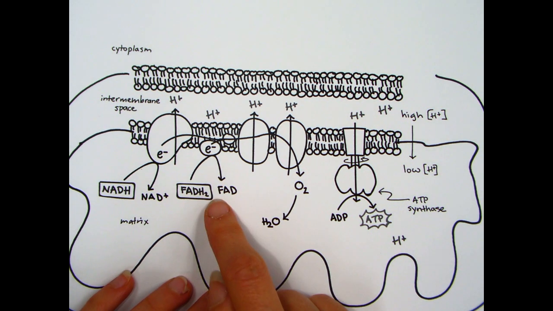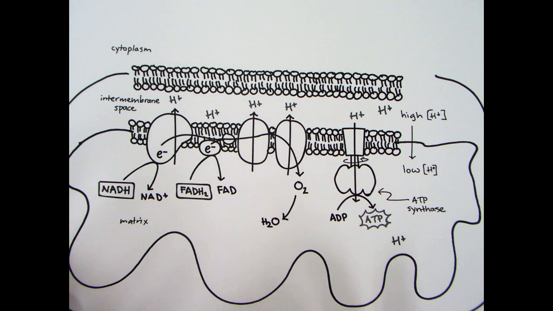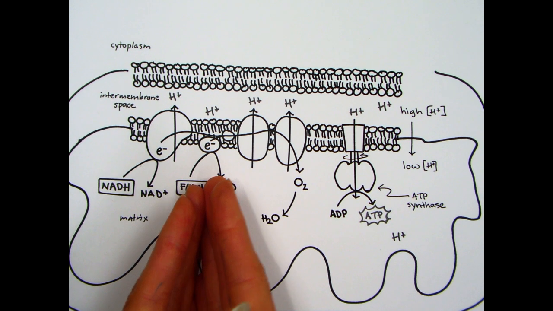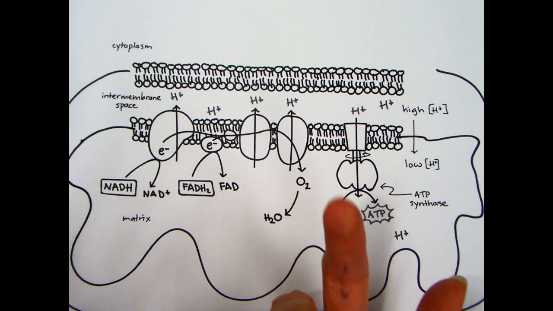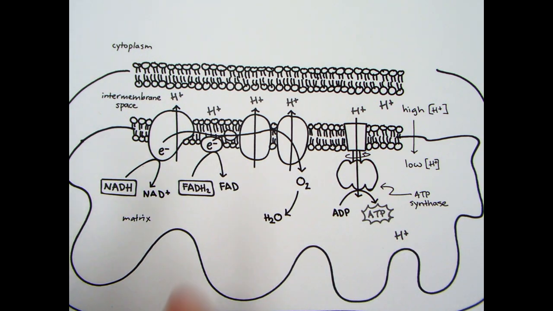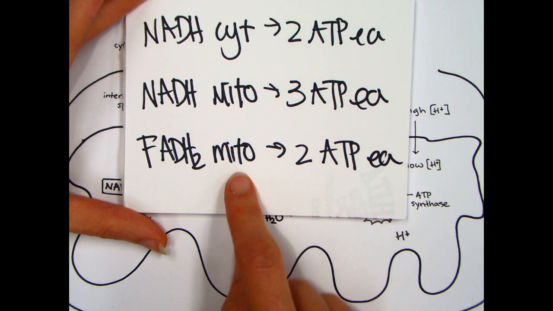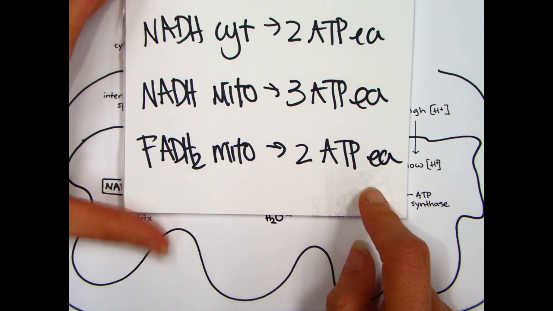But then the FADH2 is going to enter and donate its electrons to the second complex, and since it joins the process later, kind of on the second step, it does not release as much energy. So it only makes 2. So mitochondrial FADH2 gives enough energy for 2 ATPs.